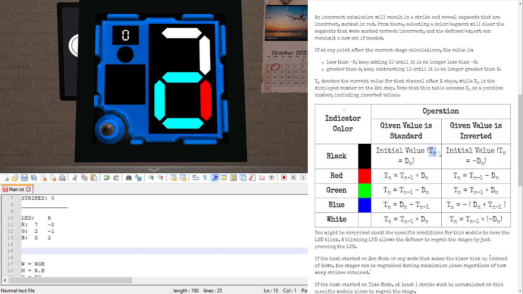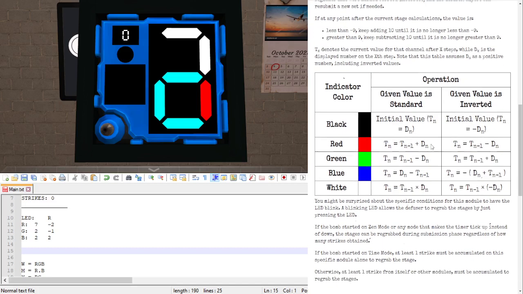It's nothing complicated. The TN means the value we have calculated in that particular stage, and the DN is the digit we're getting in that stage. Therefore, these equations mean just: to calculate your number, take the previous calculated number and add the display digit, and so on.